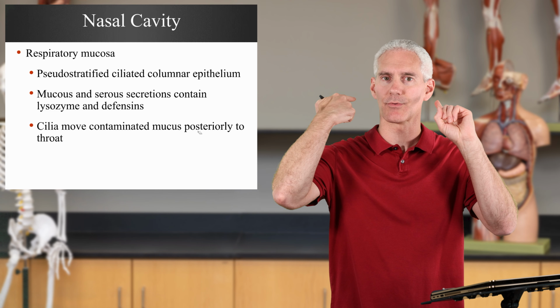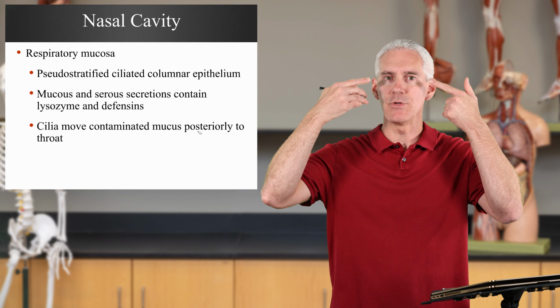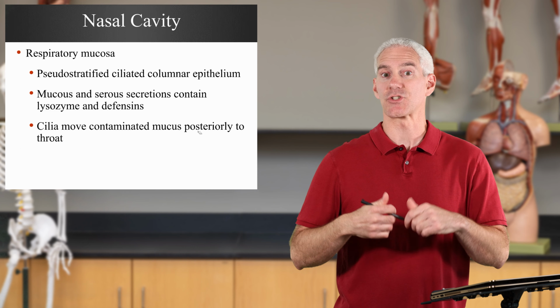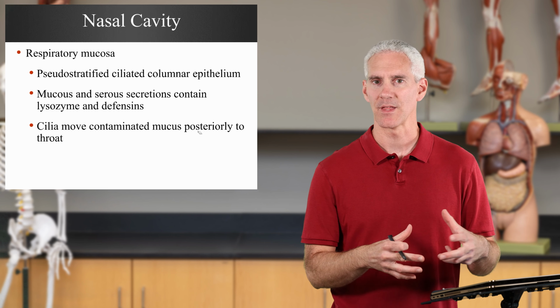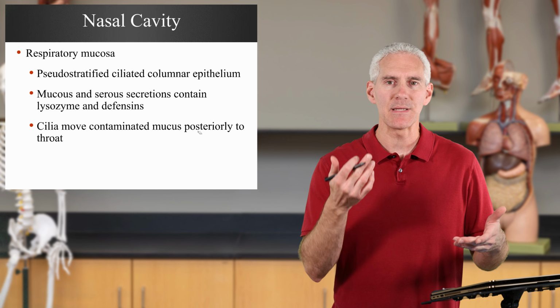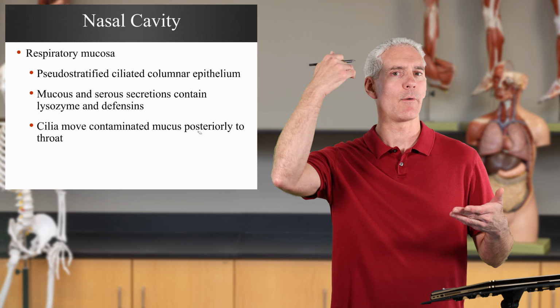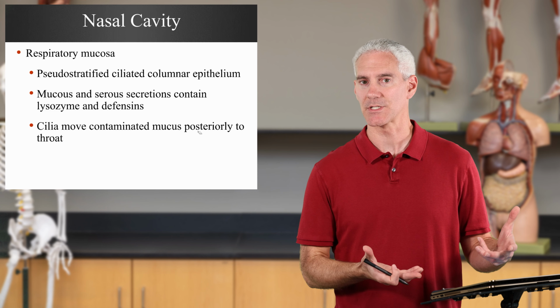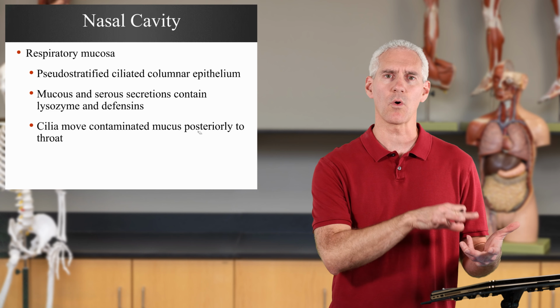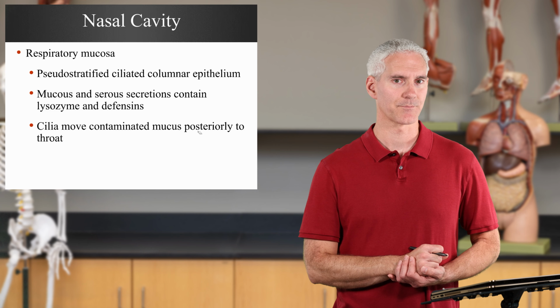It goes back to the throat. So a lot of the mucus that's up in your nose, that's trapping these particles, this dirt, this debris, these pathogens, is being dumped down to the throat, which goes right to the stomach. That very acidic environment in the stomach we talked about destroys most pathogens.